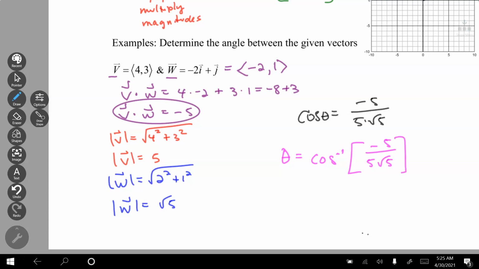When you put this in your calculator, either use that fraction bar key or put parentheses around the denominator. When I'm done, I get theta is equal to, according to my calculator, to the nearest degree, that result. That means if you drew out these two vectors, and you could pretty easily on a grid, you would see they're 116.6 degrees apart from each other.